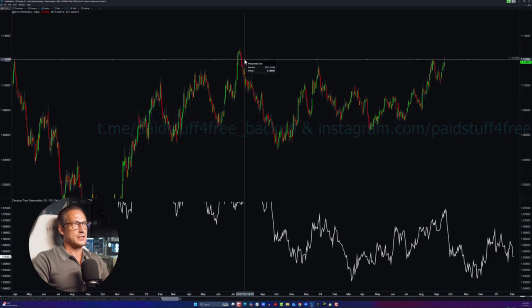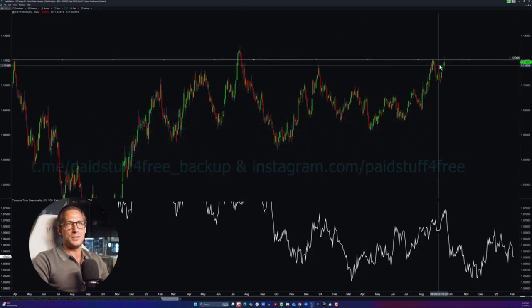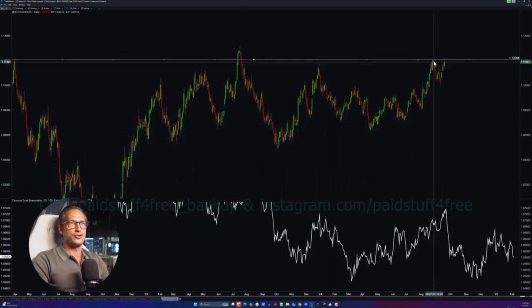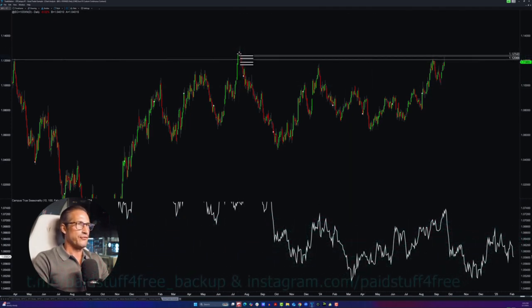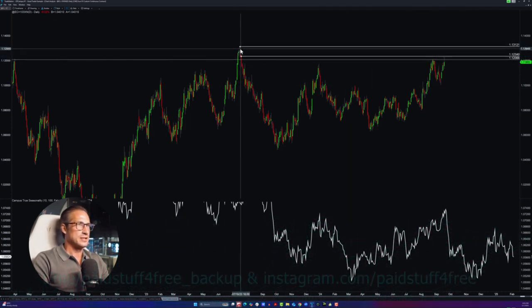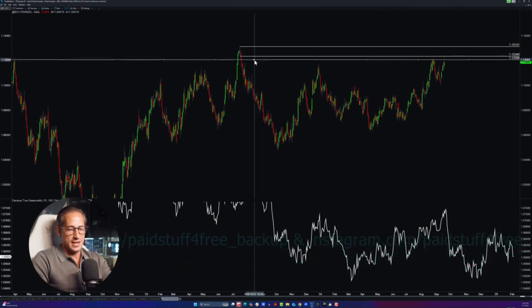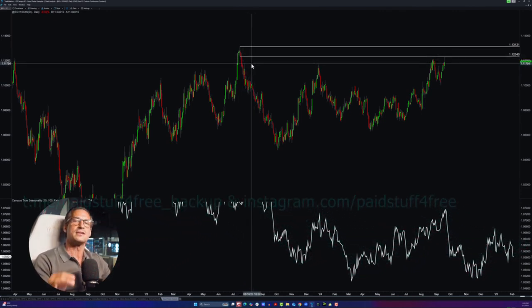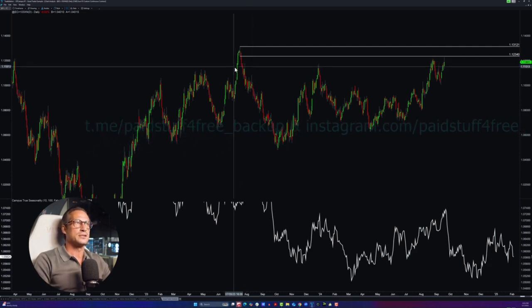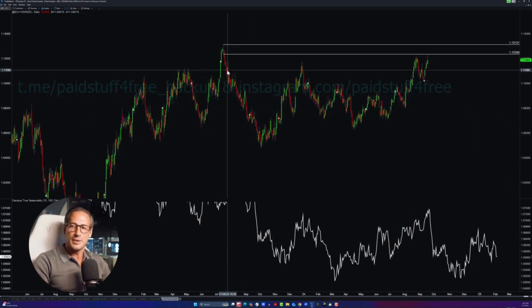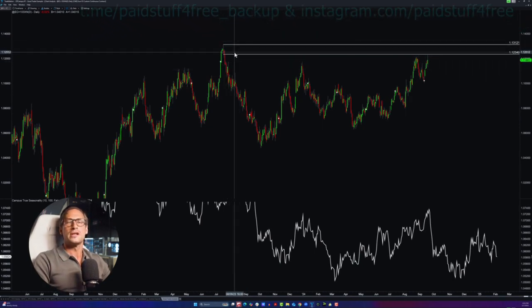You see also that the wider version has been tested, and the wider version gave a reaction already, but not the preferred version. For me, because I have such a strong fundamental bias, look at the dollar, the retailers are the most bearish in the past 15 years. I have such a strong fundamental bias that I want to get into the trade.